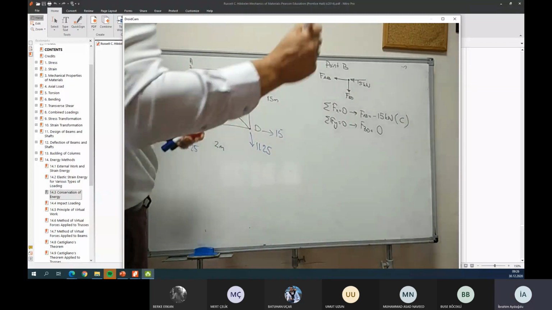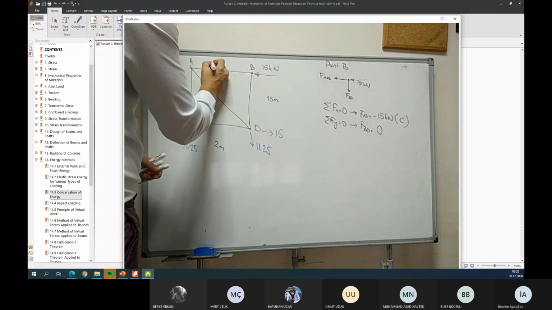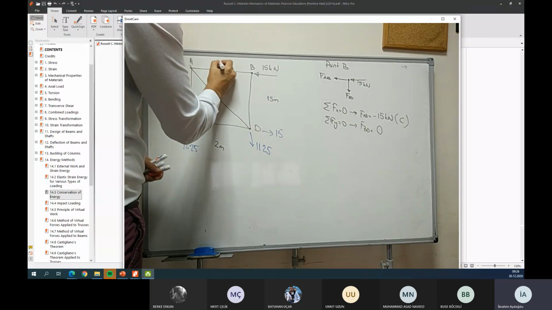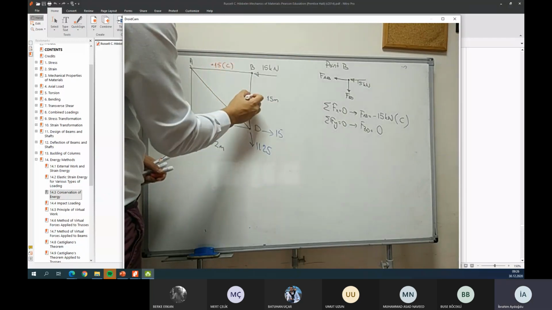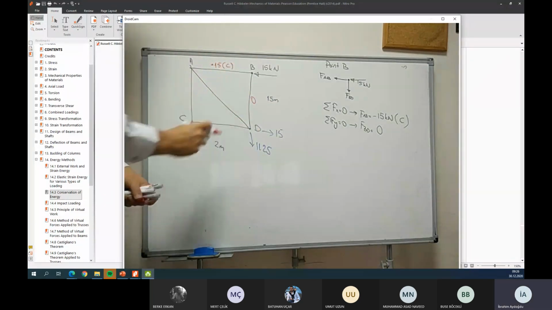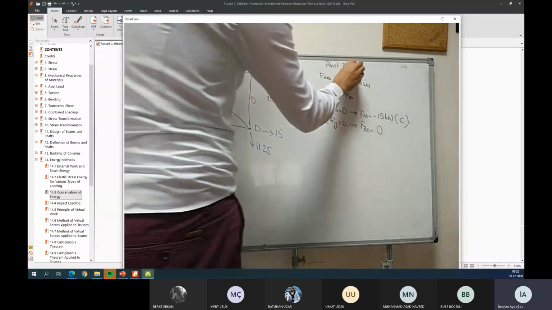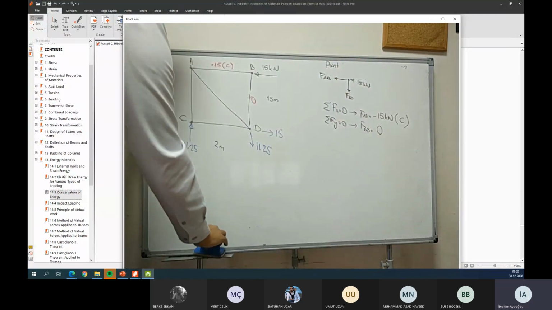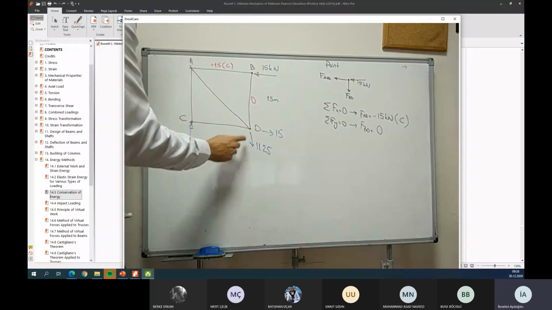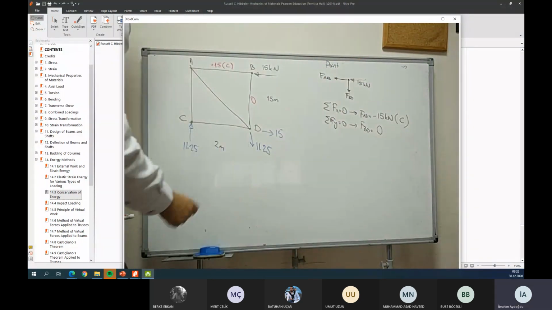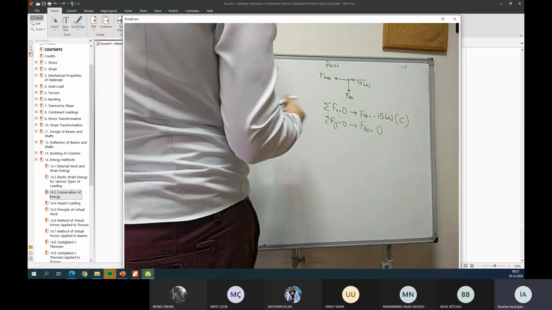So I can write in here: 15 compression, 0 member. Okay, very well. Now I change my point, and I can continue with point D, I guess.